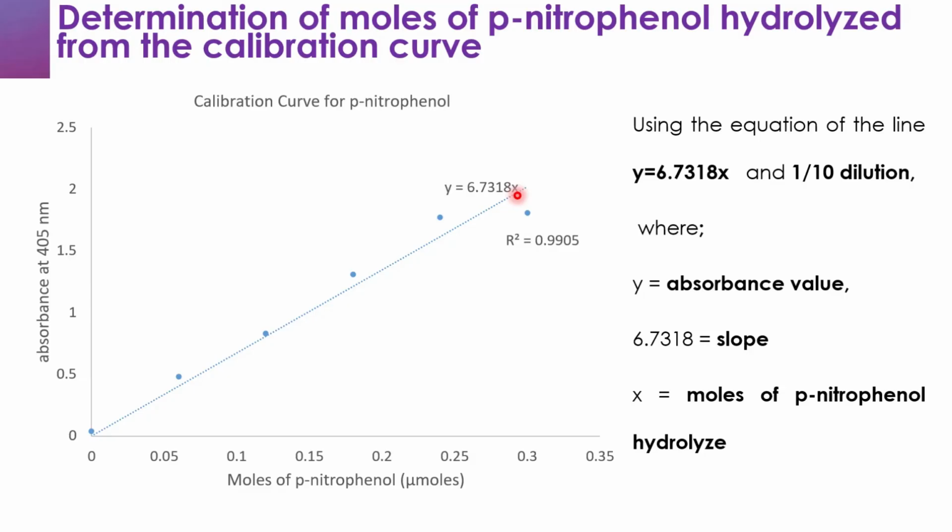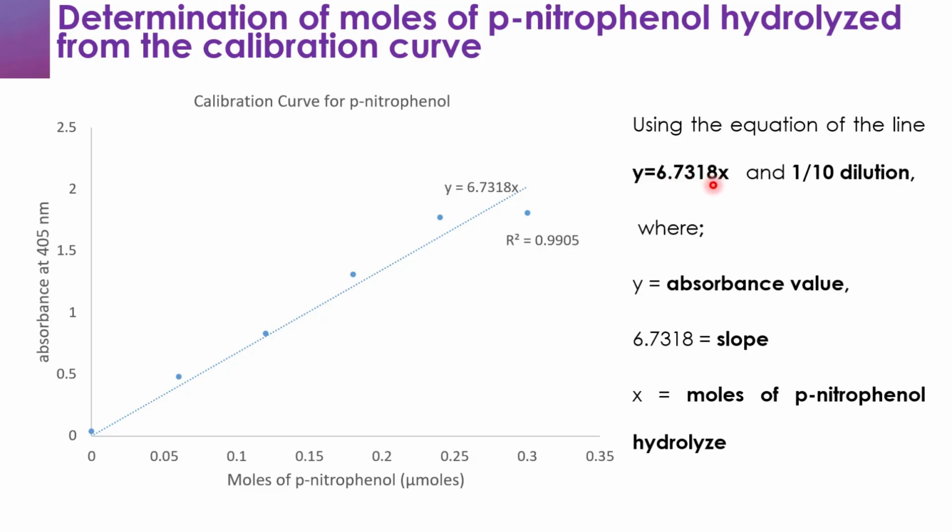First of all, what you have to note is that if you want to determine or extrapolate the moles of p-nitrophenol hydrolyzed from the calibration curve, we make S the subject of the equation of the line. If you make S the subject, we will get S equal to y divided by the slope, which is 6.7318.